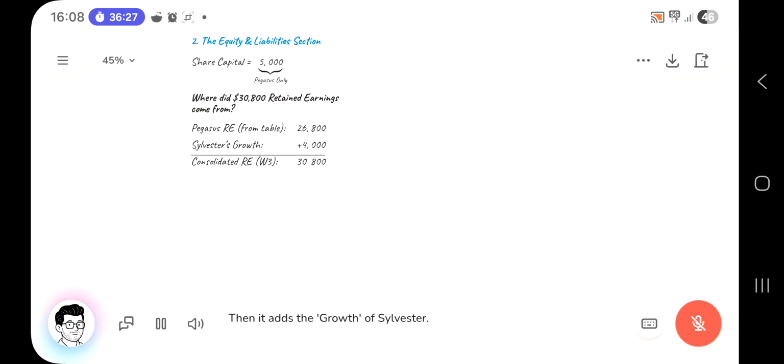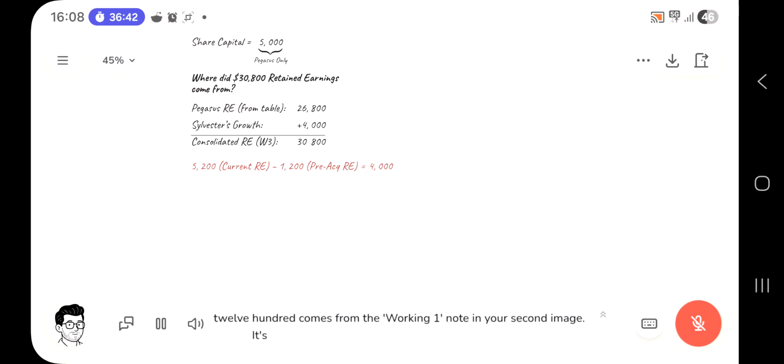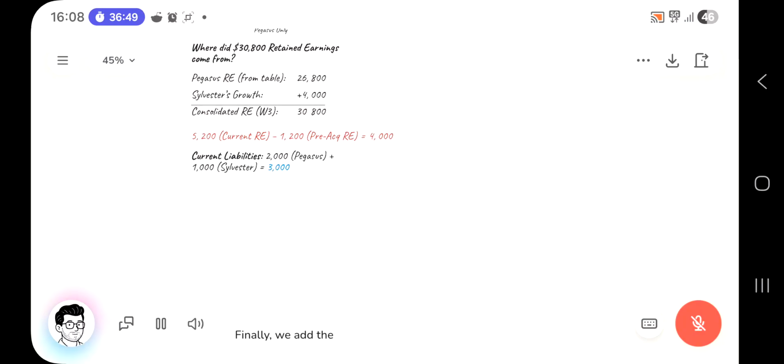How did they get that 4,000 growth? The 5,200 is in the Sylvester column of the main table. The 1,200 comes from the working one note in your second image. It's what Sylvester had when Pegasus first bought them. Finally, we add the liabilities. 2,000 plus 1,000.